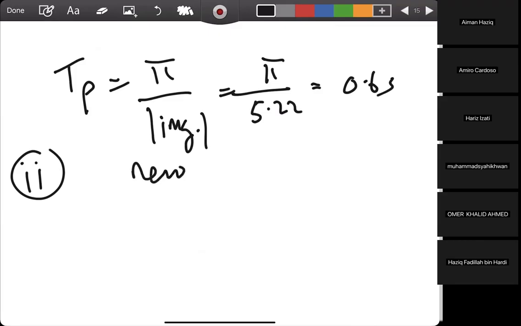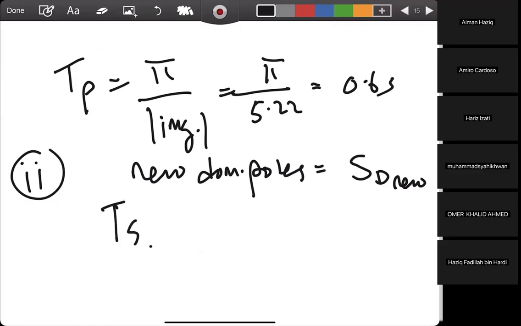New dominant poles. Settling time new, which is 3 times faster than uncompensated, meaning that TS new is 1/3 TS. Correct?